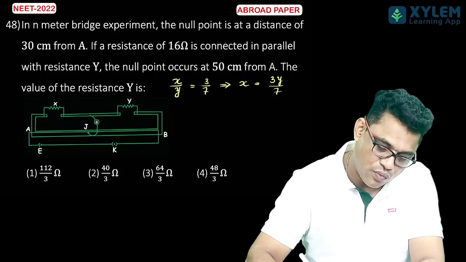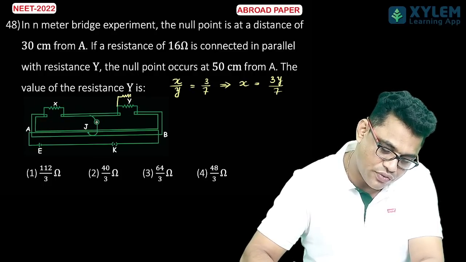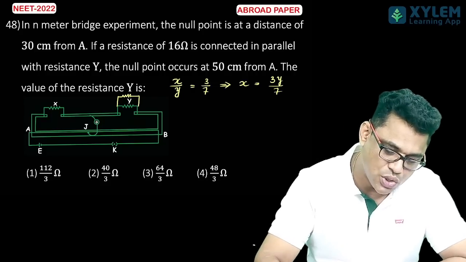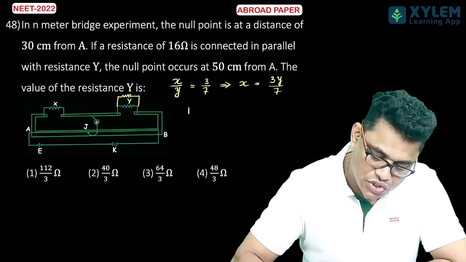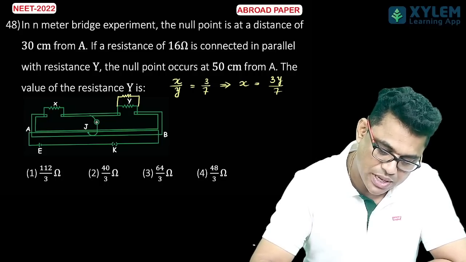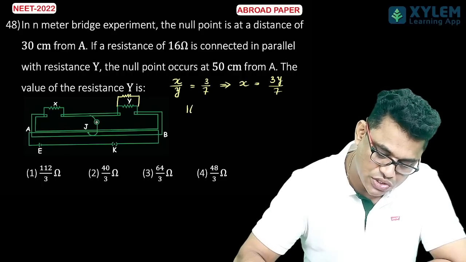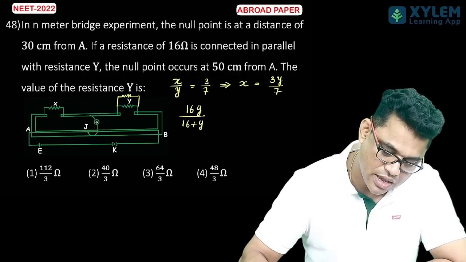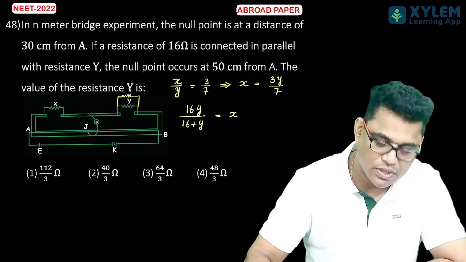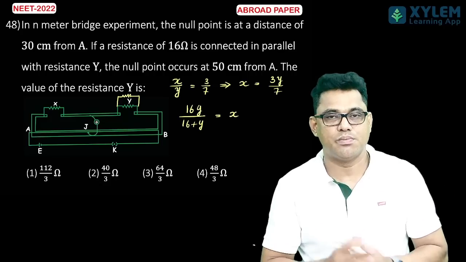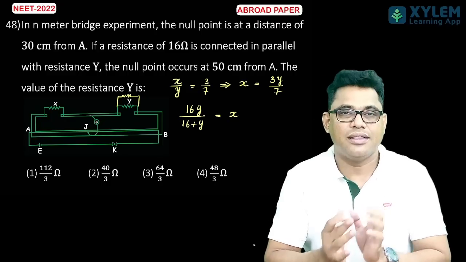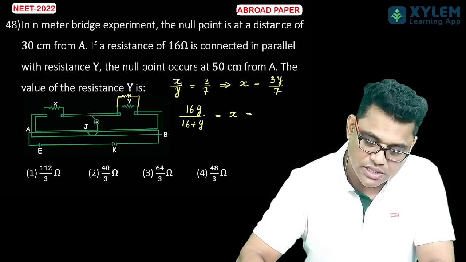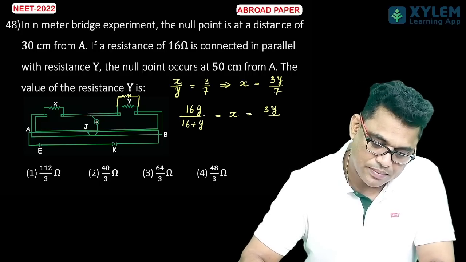It happened when a resistance of 16 ohm is connected parallel to Y. It tells you that 16Y divided by 16 plus Y must be equal to X. Both the arms should have the same resistance because the balancing length is in the ratio 1:1. X we have already written there. What is X? 3Y by 7.